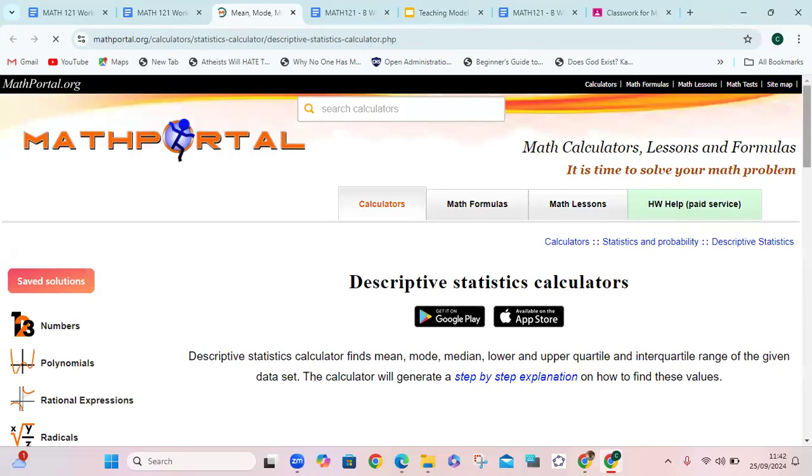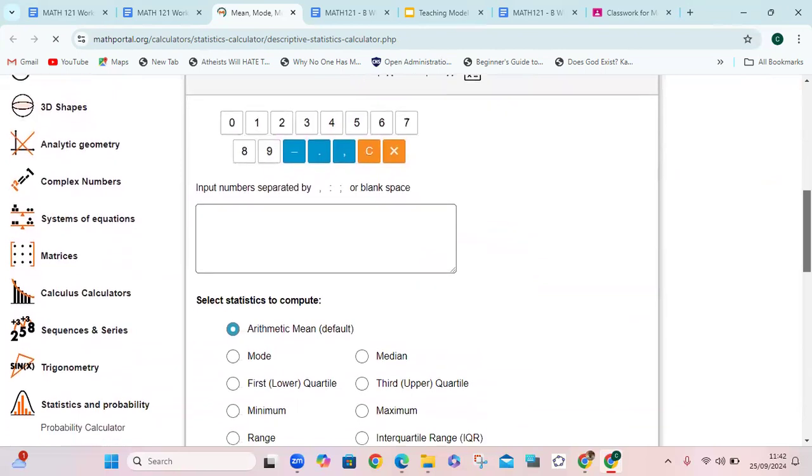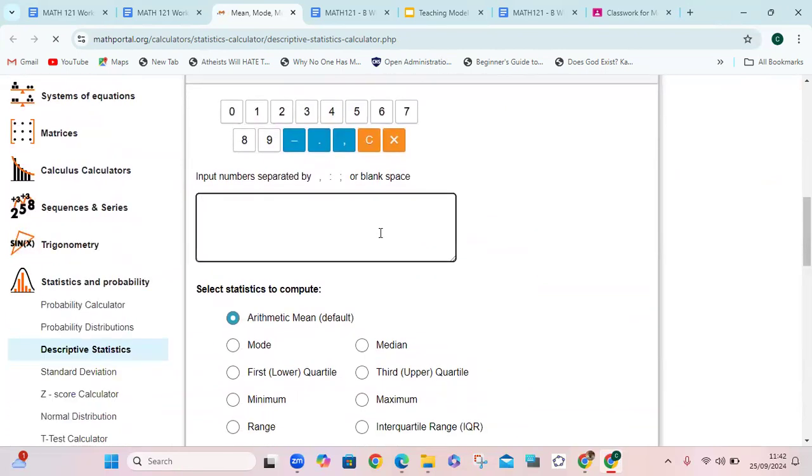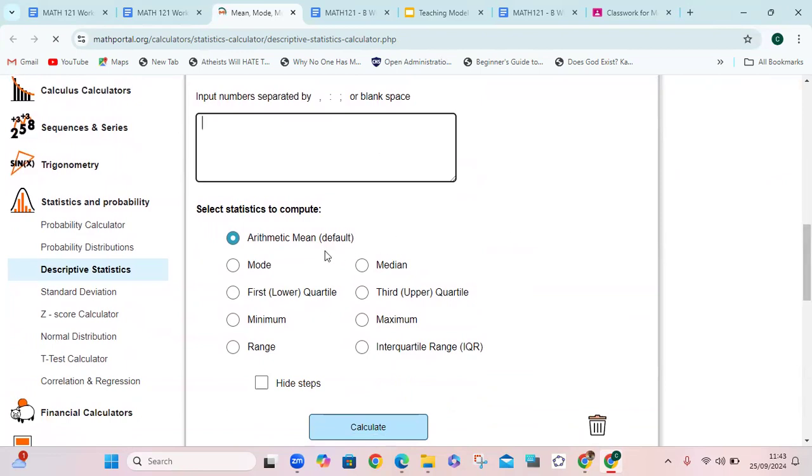You simply copy the data, you paste the data here, separated by commas, colons, semicolons, or blanks, and you tick what descriptive measure you want to calculate. The mode, the arithmetic mean, is a descriptive measure, a statistic. The mode is 1. The lower quartile is 1. The minimum value, the range, median, the third quartile or upper quartile, the maximum and interquartile range. All these are descriptive measures.